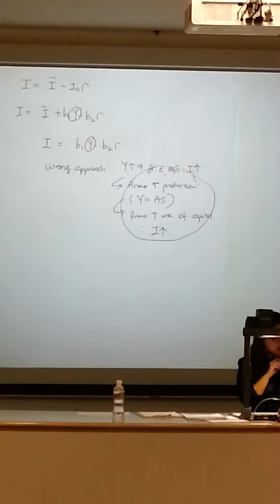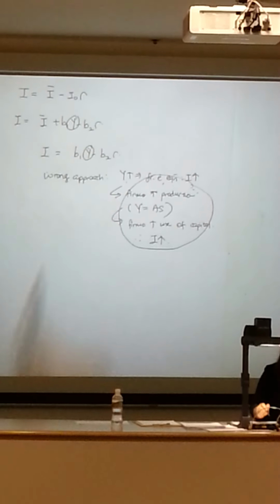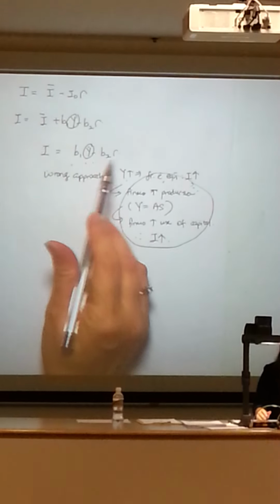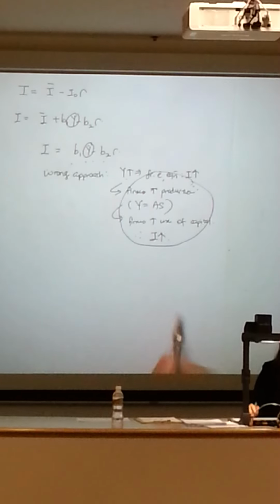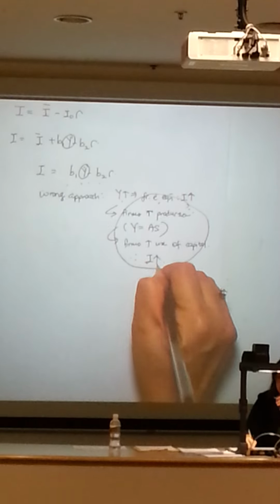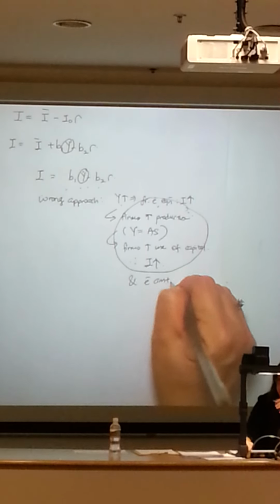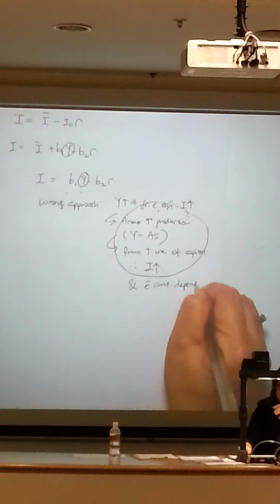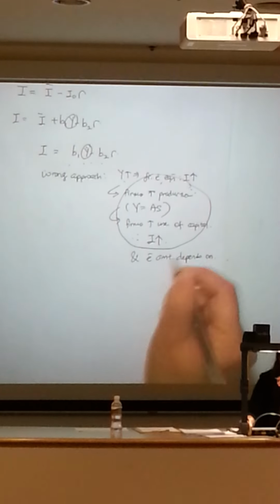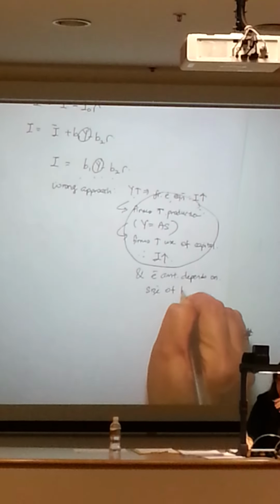Okay? So all these are given to you in page 9 of your notes. Investment is B1Y minus B2R. Okay? So we said investment goes up, but how much? Investment increases. And we will say the amount depends not just on the change in Y, but also the size of B1.